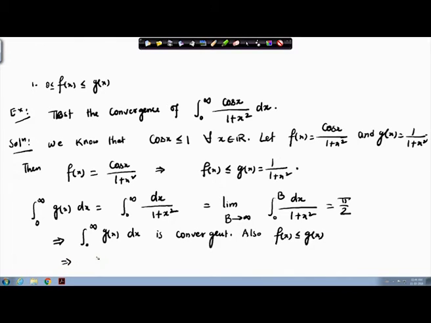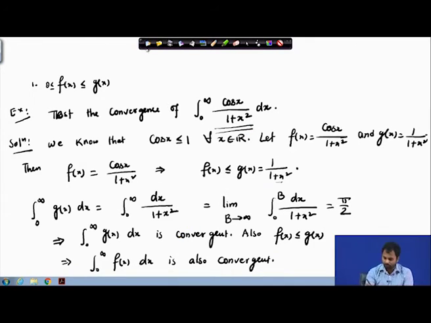So, from here we can say that the integral from 0 to infinity f x dx is also convergent. That means just looking at the function g x and its properties, we can talk about the convergence of f x. All we have to do is find an inequality like this, and if we can locate an inequality like this, we can talk about its convergence, and that will assure the convergence of the given improper integral.